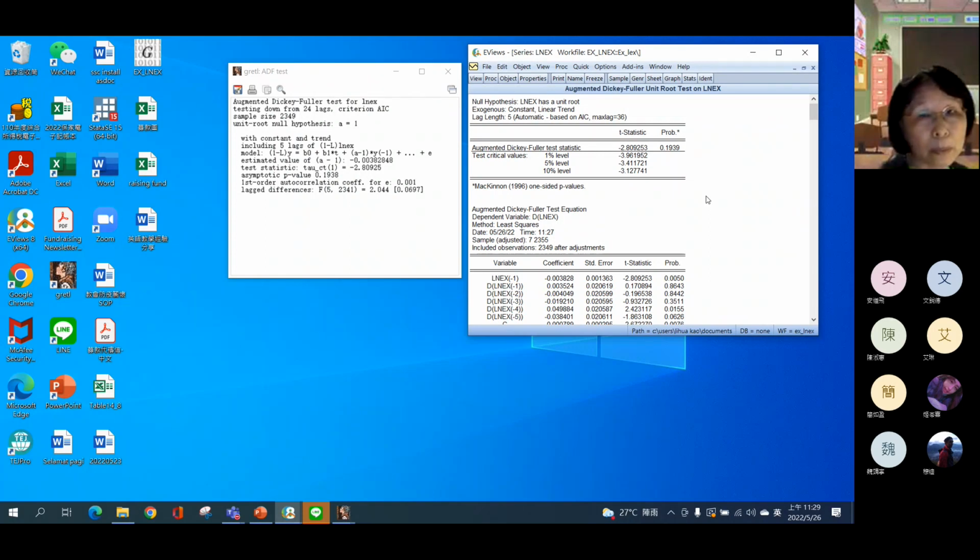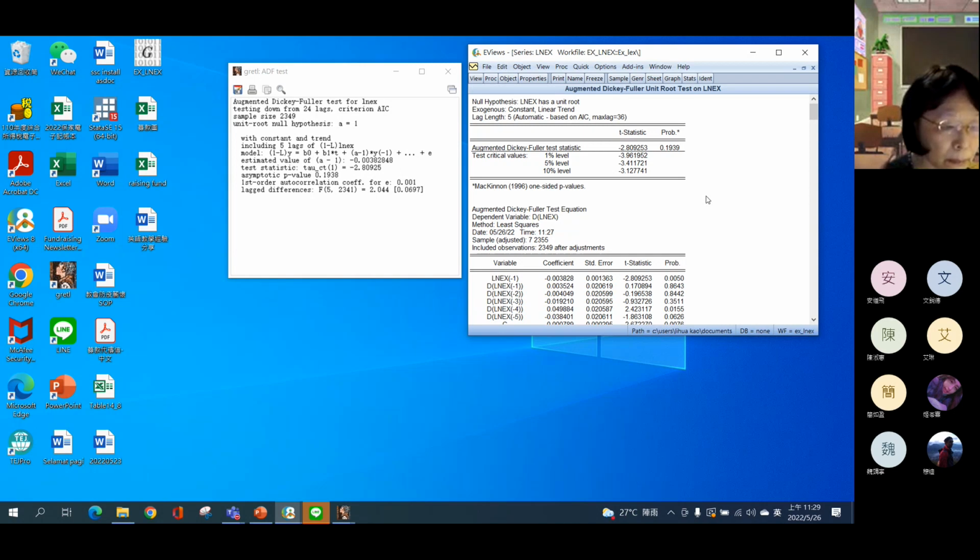When we talk about this, we really want our variables to be stationary, right? As long as we find our variables are non-stationary, is there any other way to make these variables stationary? I'll introduce 2 ways.